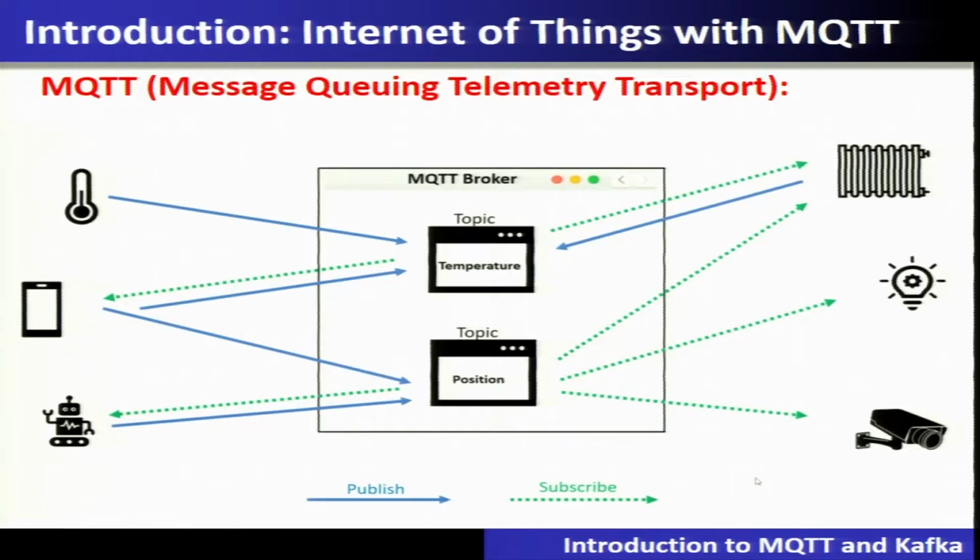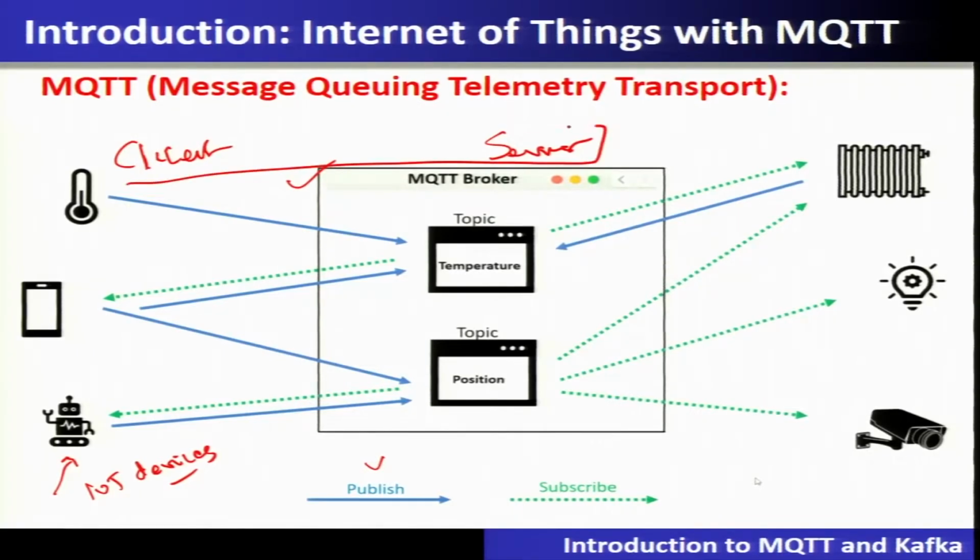Here you can find these IoT devices, and when they send the IoT data, this operation is called publish in the MQTT protocol. They publish to the MQTT broker, and this becomes a server, and here this becomes a client. So it works in a client server fashion.